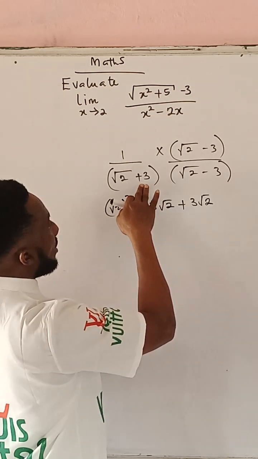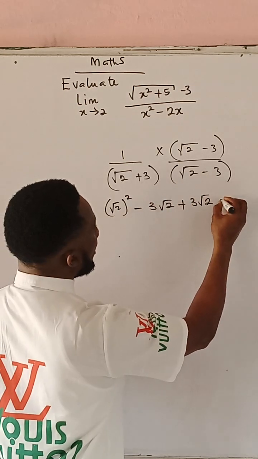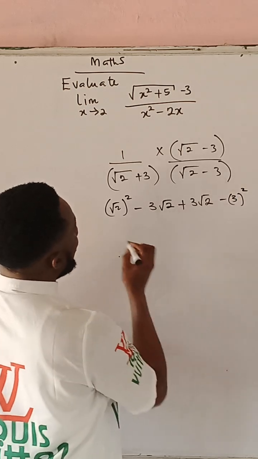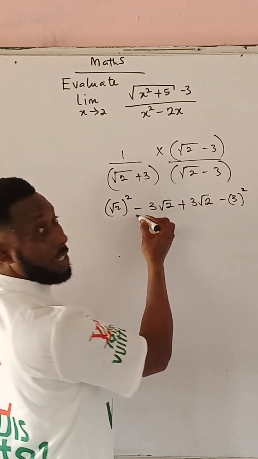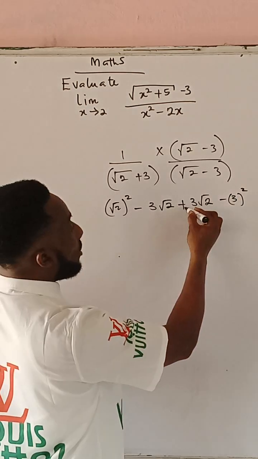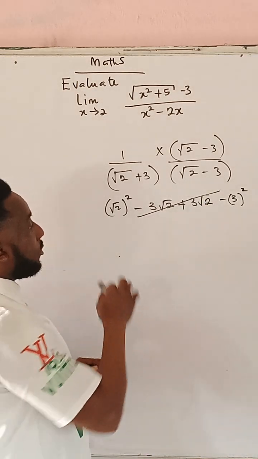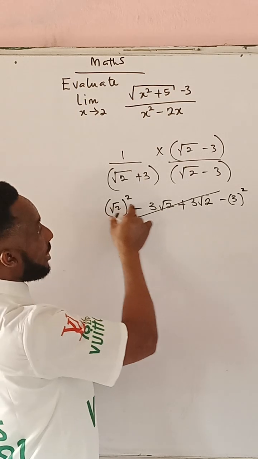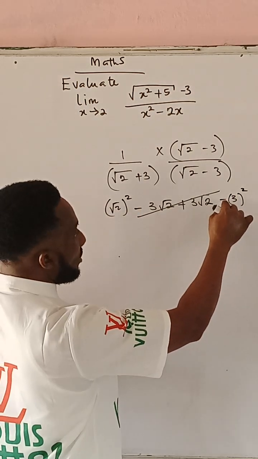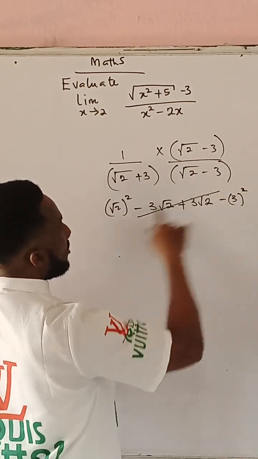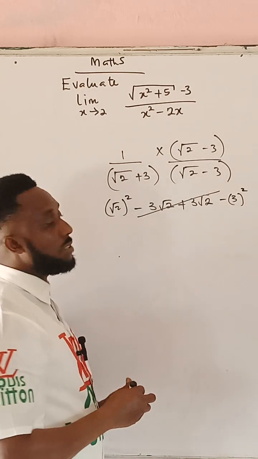Then again, 3 multiply negative 3, that's going to give us negative 3 squared. So as you can see, negative 3 root 2 plus positive 3 root 2 is going to cancel out. We are left with the square here, subtracted from, okay, minus the square here. So as you can see, it gives us a difference of 2 squares.